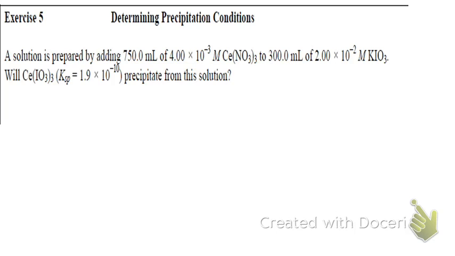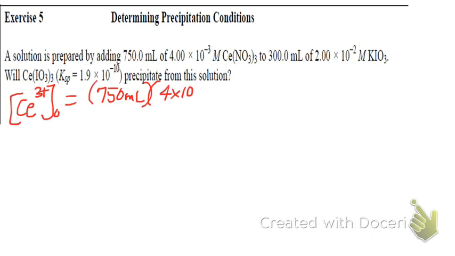We have to calculate the concentration of cerium. This is initially what we have before we mix it. So we have 750 milliliters of the 4 times 10 to the negative 3 molar, and we're going to divide that by the new volume, because that changes our concentration. 750 plus 300, because that's what we're mixing it with.